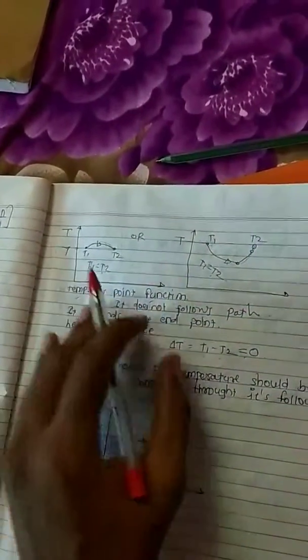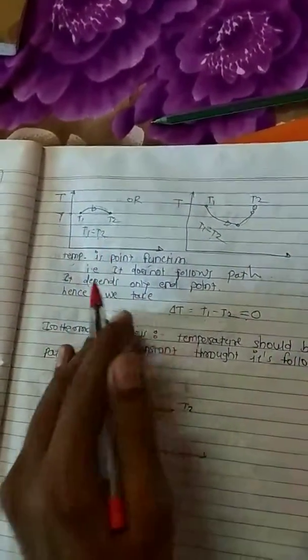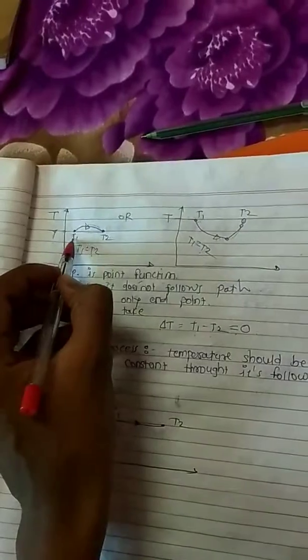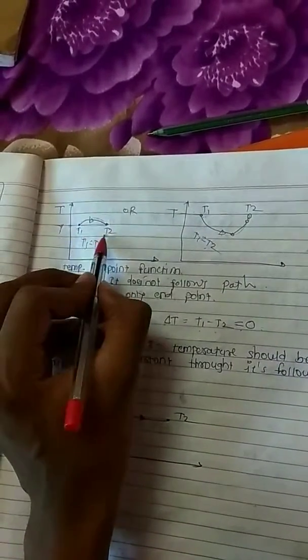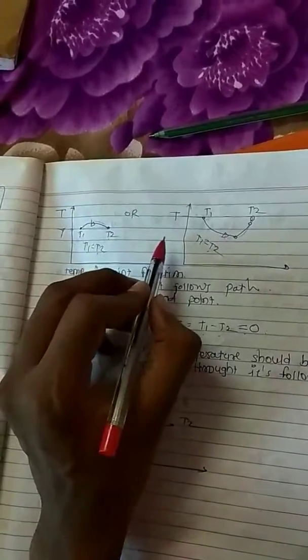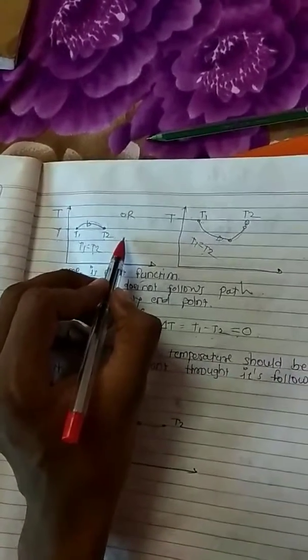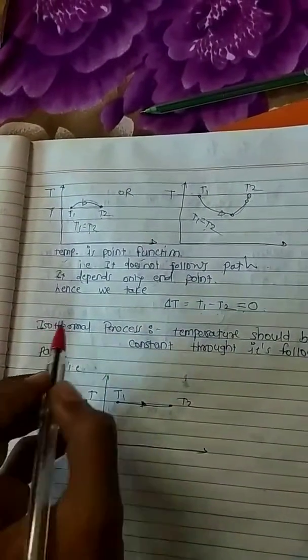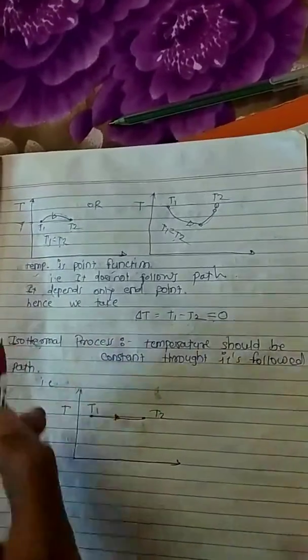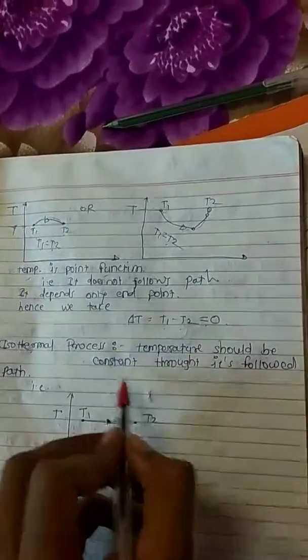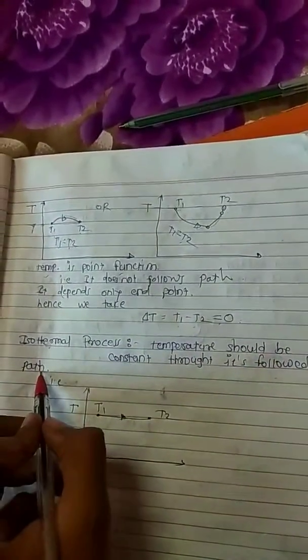But it's not an isothermal process. Why? The condition of an isothermal process is not only that the initial temperature and final temperature are the same. Remember, equal initial and final temperatures do not always mean an isothermal process. For an isothermal process, the important condition is that the temperature should be constant throughout the followed path.